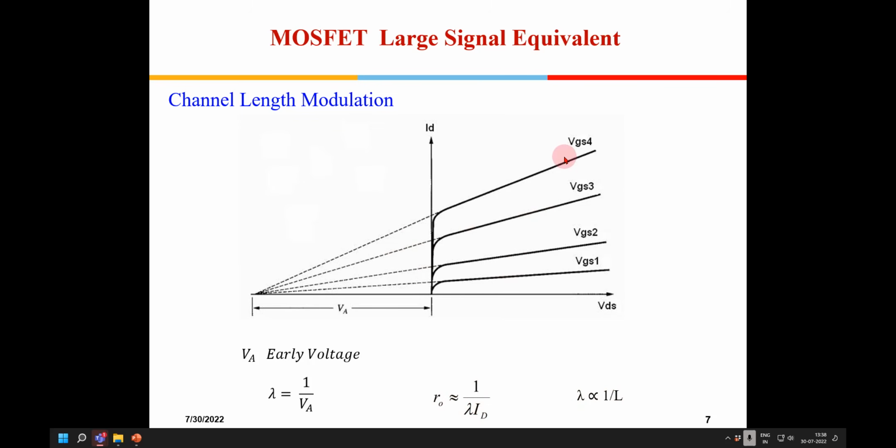If you change VDS, what will be the change in ID? R0 is the slope of this curve. For a small change in VDS, what will be the change in ID? That is R0, or VDS divided by ID.